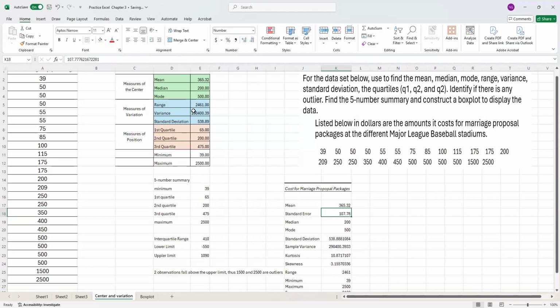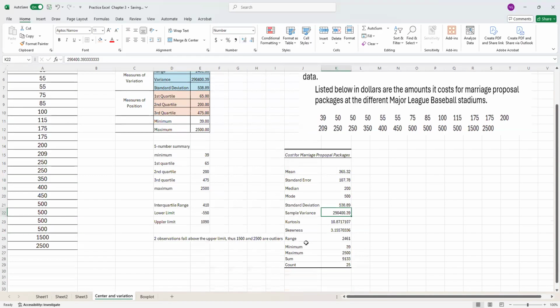Okay, where is the standard deviation? No, that's not the standard deviation. That's the standard error, because the standard deviation is right there. You see the standard deviation when you bring it to two decimal places, it will give you 538.89, the same. The variance is the same, except bringing it down to two decimal places as well.